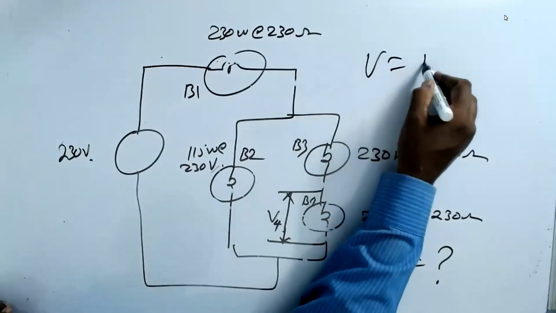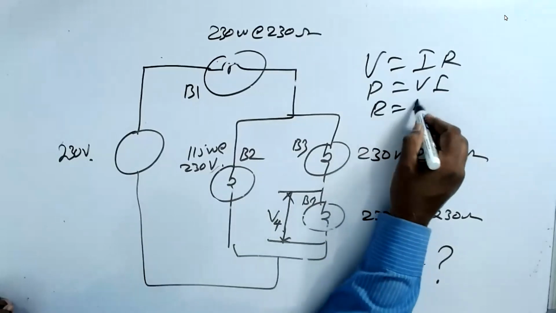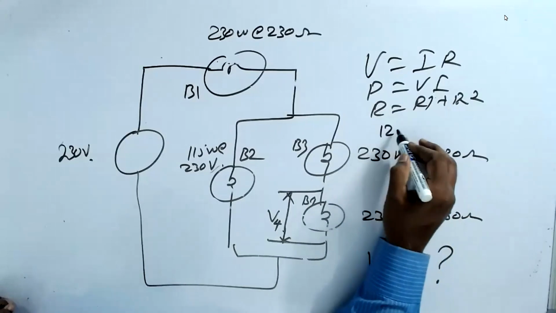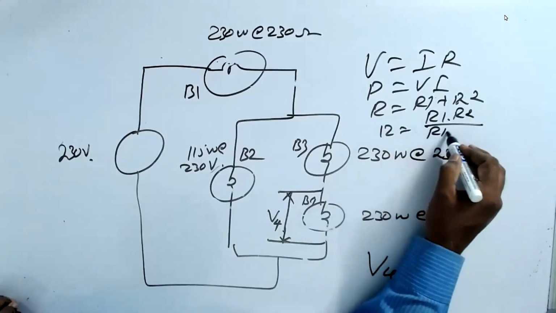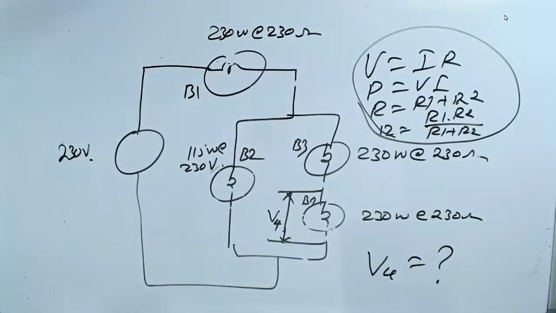V is equal to IR, P is equal to VI, R is equal to R1 plus R2, R is equal to R1 R2 by R1 plus R2. That's it. So let me know what is V4. Normally the worst case time for this type of problems is 10 seconds.